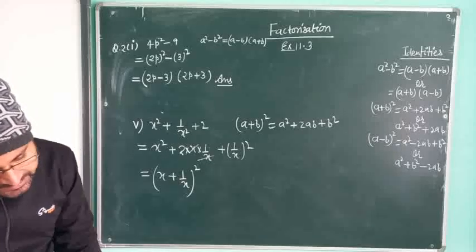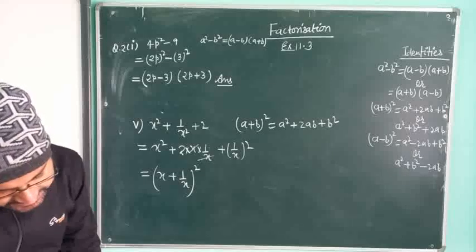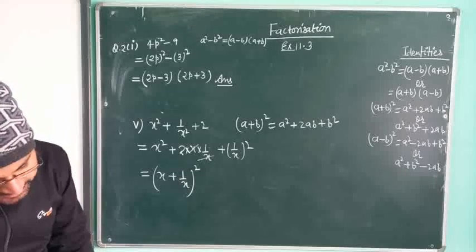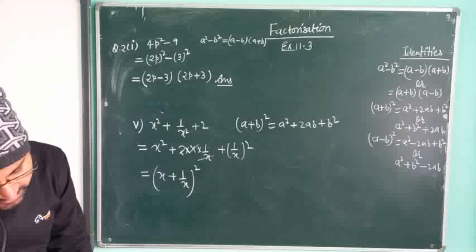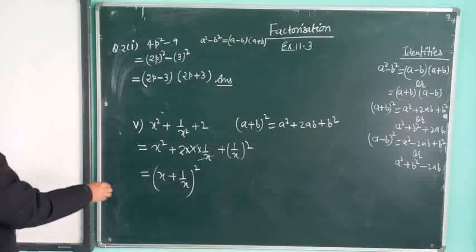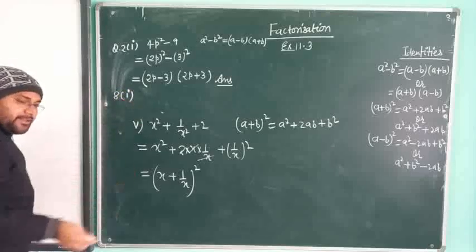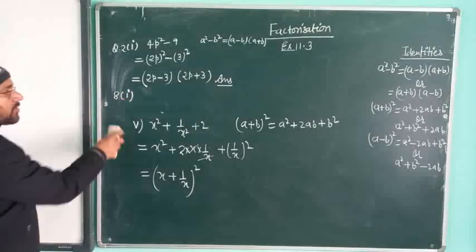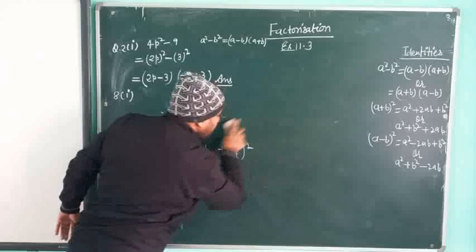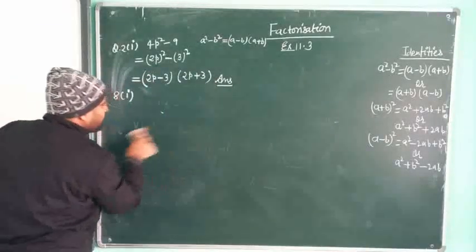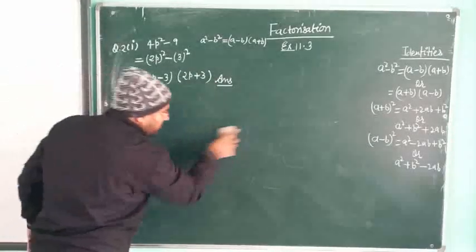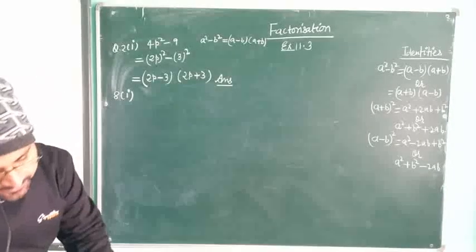I am going to do question number 8, its first part. Others are your homework. If you have any doubt in that question, you can ask me in a message or when the classes resume.